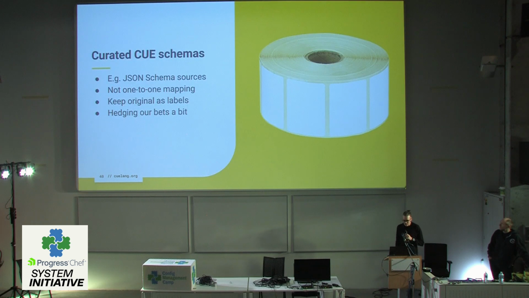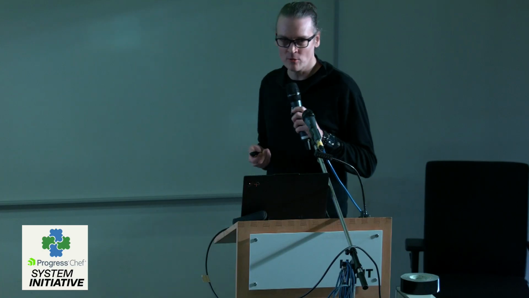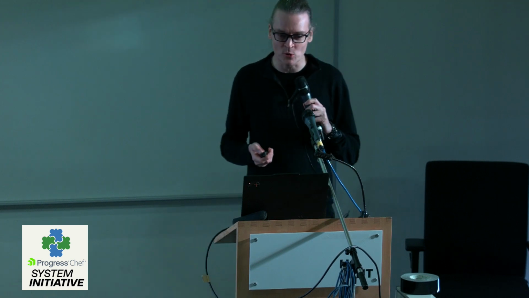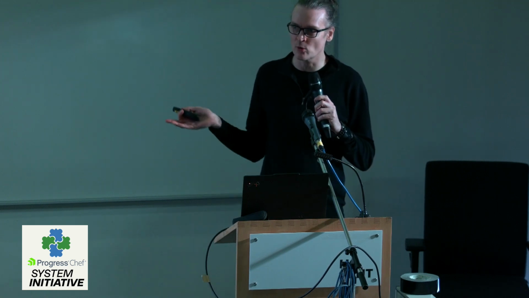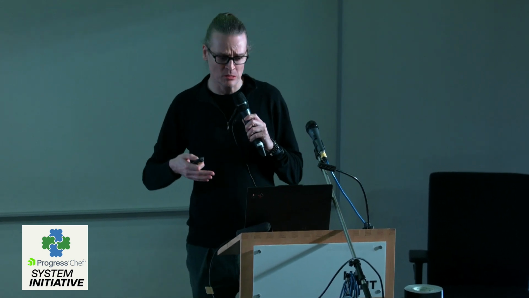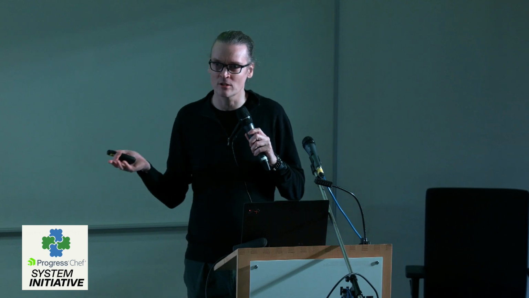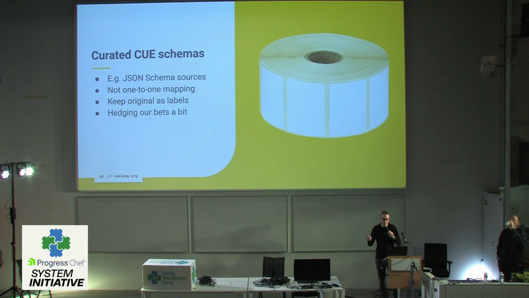The... Yeah. So here you see what we have so far, like Roger demonstrated. There are a few things that will be future work, especially with the curated schemas. If you, for example, go from JSON schema to CUE, the JSON schema can have versions also, right? They put it in the path or whatever. But there isn't really a standard or some consistency.